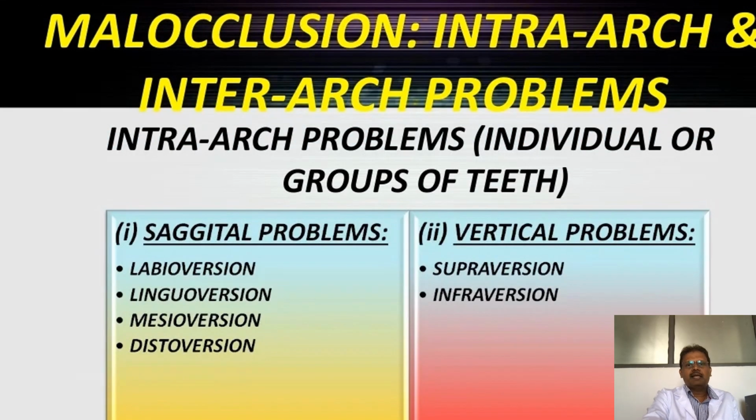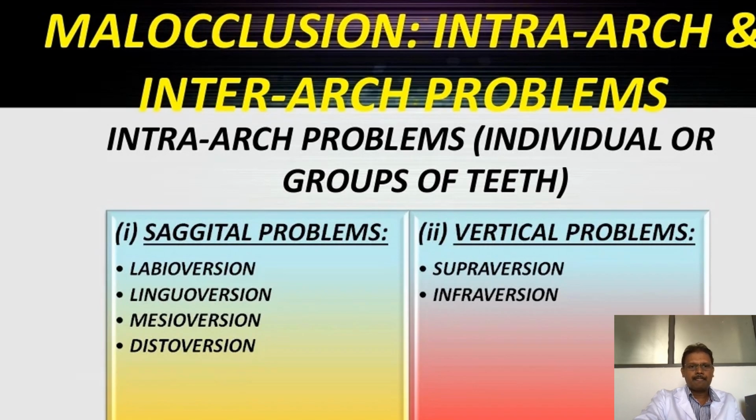So the next is the intra-arch and inter-arch problems. Intra-arch problems concern an individual tooth or a group of teeth, and they are again divided into sagittal problems and vertical problems. Intra means within the arch, and inter means between the two arches, upper and lower.